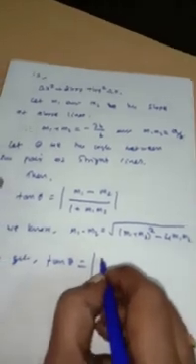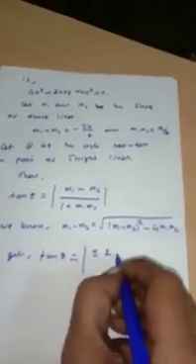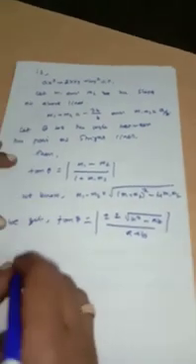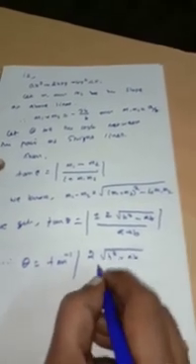We substitute this, we get tan theta is equal to plus or minus 2 root of (h squared minus ab) by (a plus b). Therefore, theta is equal to tan inverse of 2 root of (h squared minus ab) by (a plus b), which is the angle between the pair of straight lines formula.